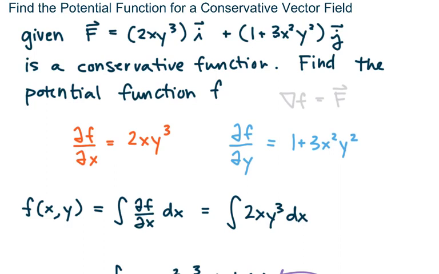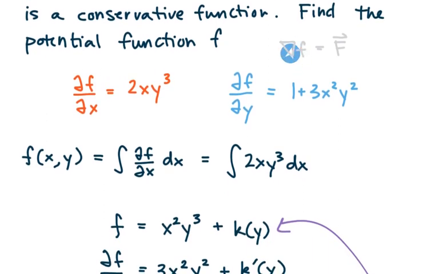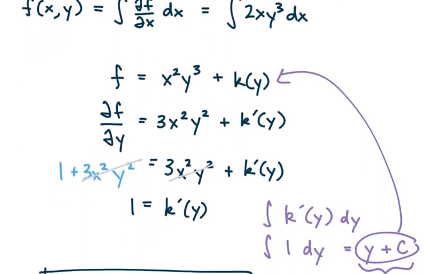So I said there were two methods. I started with the partial of f with respect to x and solved, or we could start with the partial with respect to y, and really it's just a matter of opinion. So in this video, we started with a vector field, which we knew was conservative, and then we determined what that potential function was such that the gradient of the potential function equals the conservative vector field.